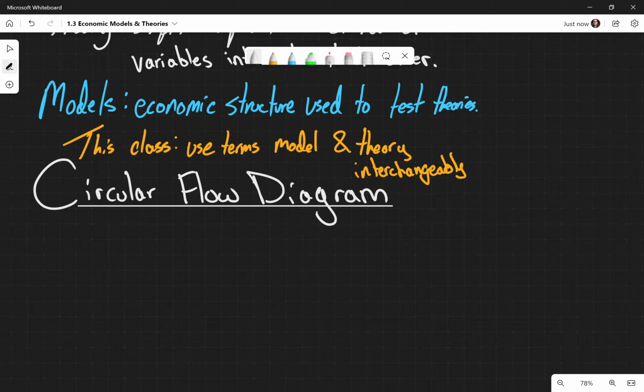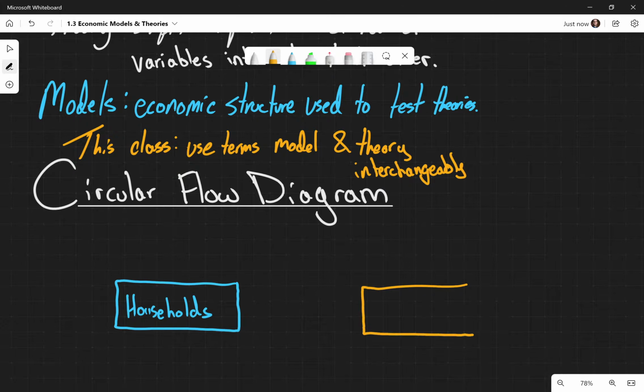So the circular flow model is going to have a box over here for households, a box over here for firms, so companies, right? We are typically in the household category, rather than being in the firm category.